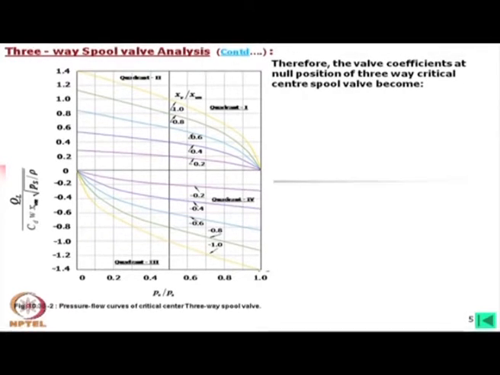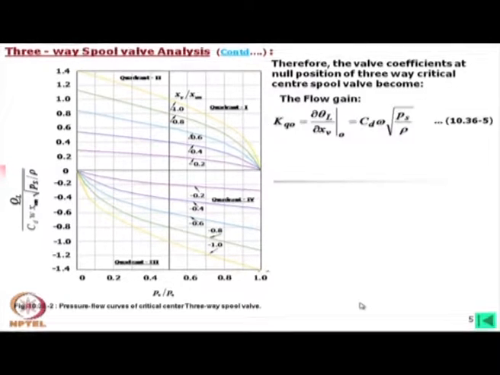Therefore, the valve coefficients at null positions of a 3-way critical center spool valve can be written from this. If you have attended the earlier classes, then you can find that del Q L by del X b, not theta L, this is del Q L by del X b.